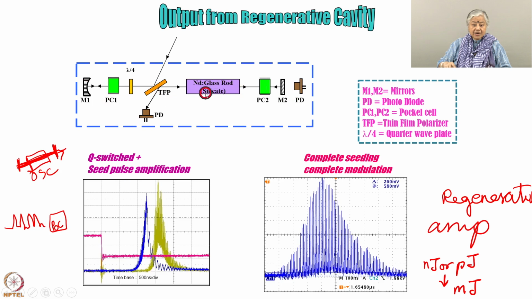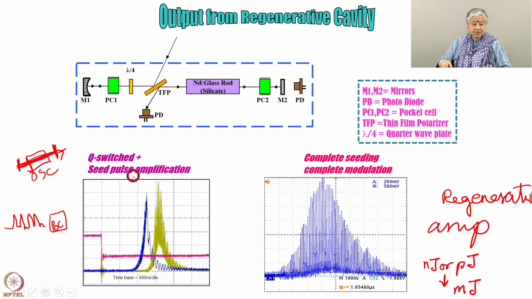So, you cannot prevent some of that spontaneous emission which is there in this glass rod, Indi glass silicate rod as I have taken here, this is the active medium. You can't prevent that spontaneous emission from growing inside this cavity. It keeps growing inside that cavity and it is adding on to this seed pulse.